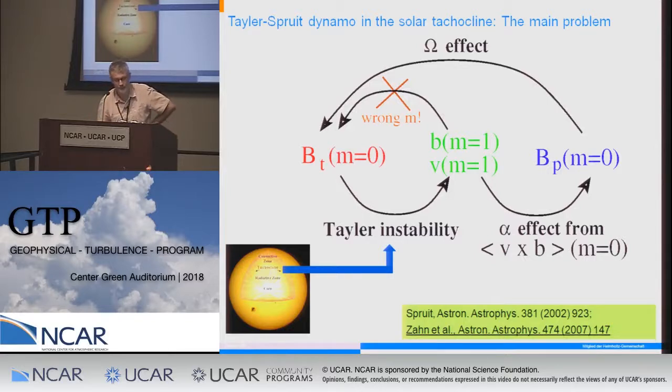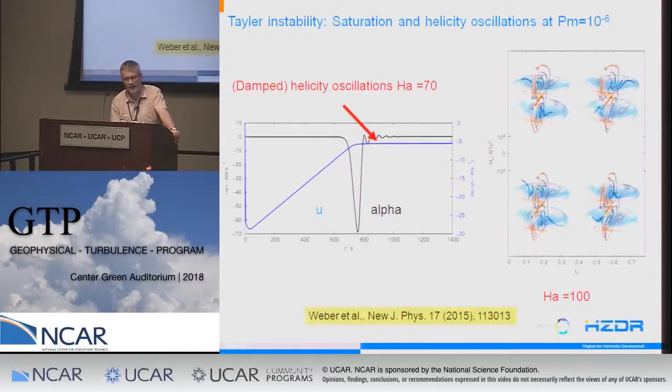This concept had been criticized by Jean-Paul Zahn and colleagues in a 2007 paper, saying this does not work, because if you wind up m equal 1, you don't get your toroidal field back. But at the same time, colleagues said, if you have an alpha effect connected with a Tayler instability, this might give you a chance to close the dynamo loop and to make a Tayler-Spruit dynamo run.